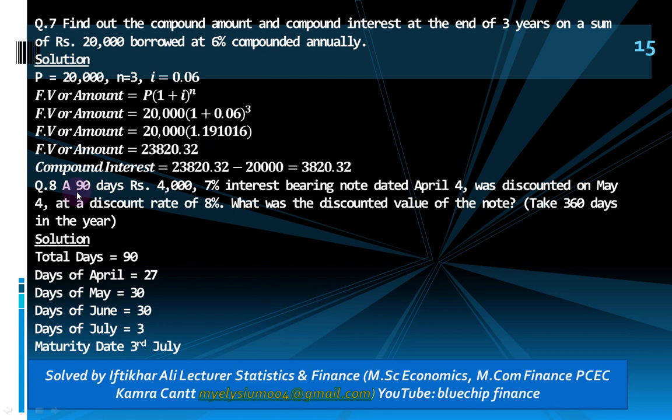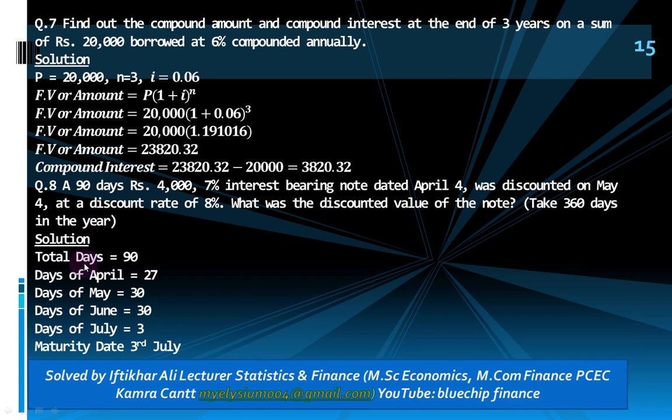Question number 8, that a 90 days rupees 4,000 7% interest bearing note dated April 4 was discounted on May 4 at a discount rate of 8%. What was the discounted value of the note? Take 360 days in the year.